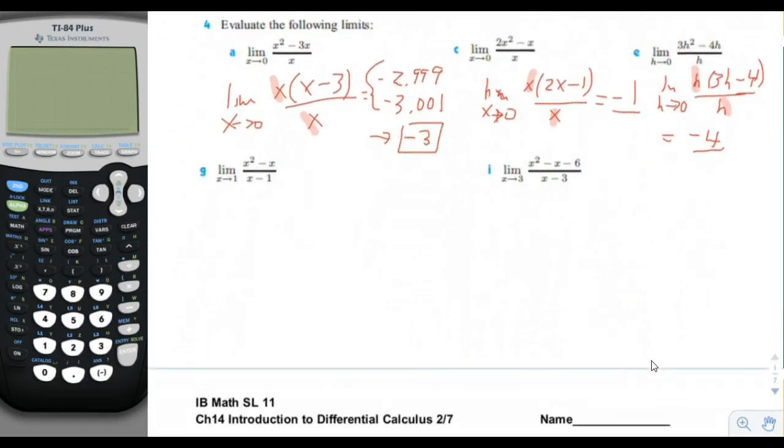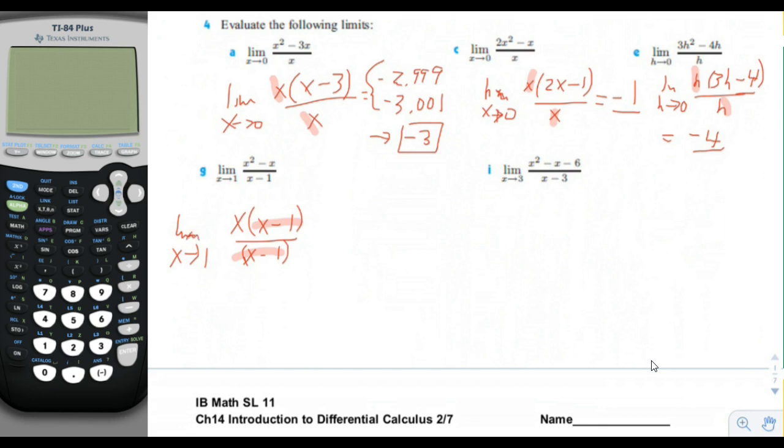The limit as x approaches 1 of x squared minus x divided by x minus 1. Again, we can factor out an x here. And ironically, it's not the x which helps. Do you see what happened here? Now, what cancels out is this and this. And so when x equals 1, then the denominator becomes 0. But we're not going to make x equal to 1.